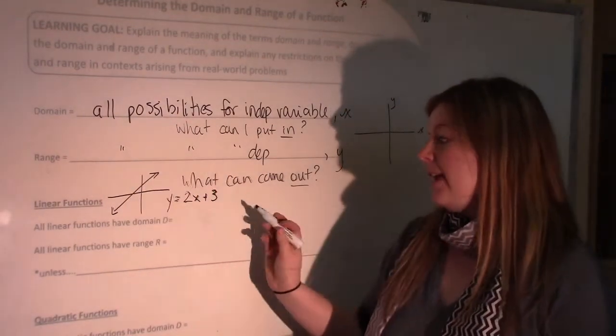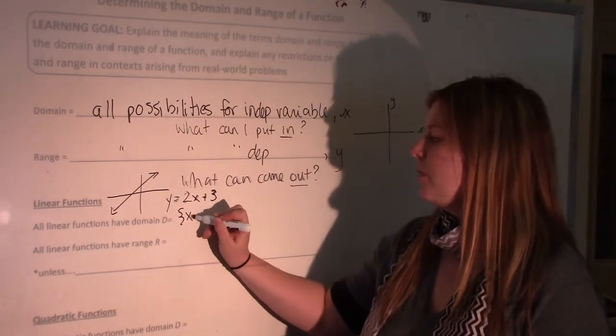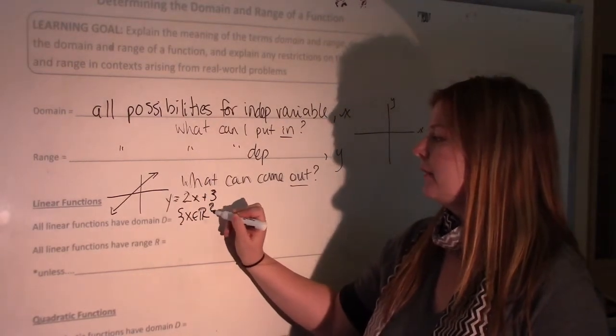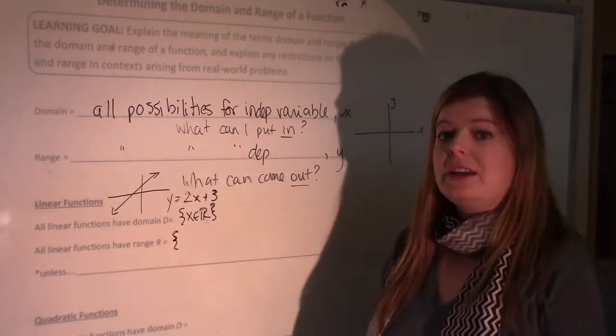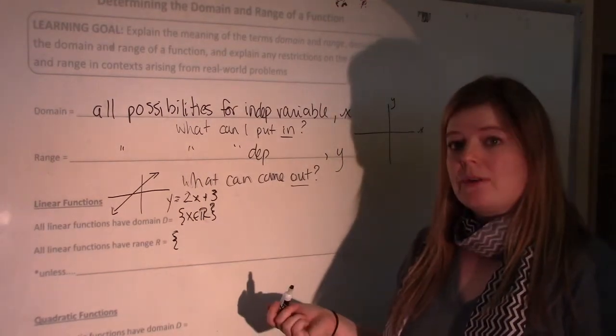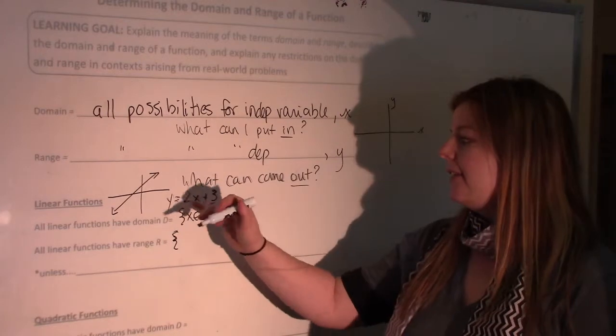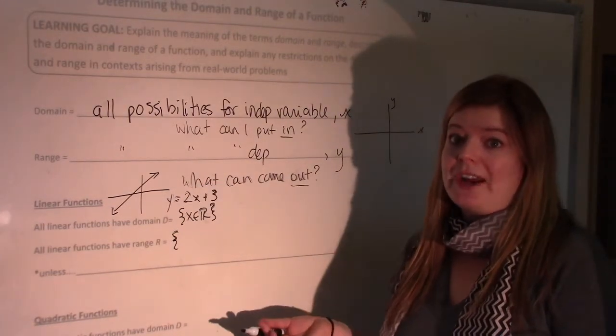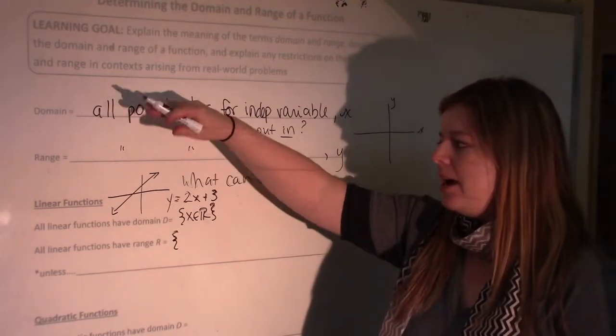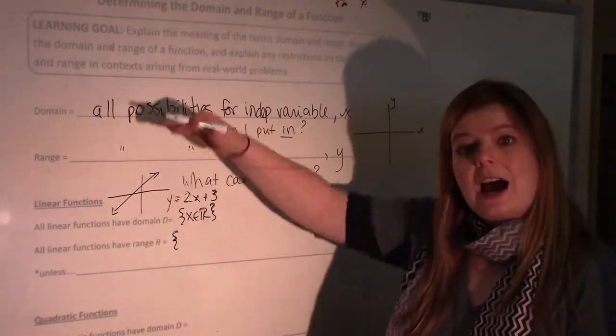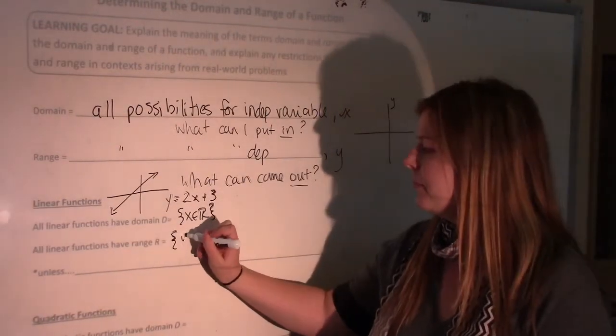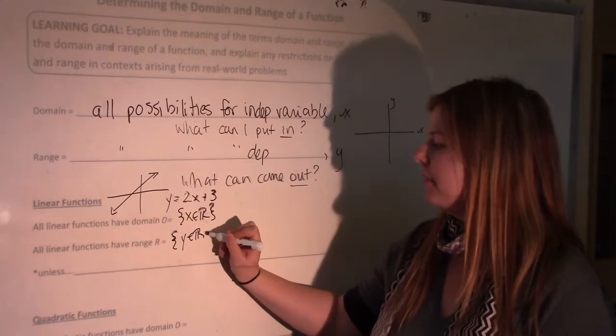You can go left or right as far as you want to. So that's any real number. But what's unique with linear functions is that the y value can also be any real number. Anything can come out of this equation if you just put the right x value in. And up and down, the linear function can go as high or as low as you want it to. So y can be any real number.